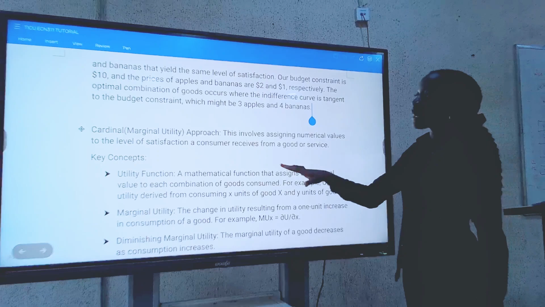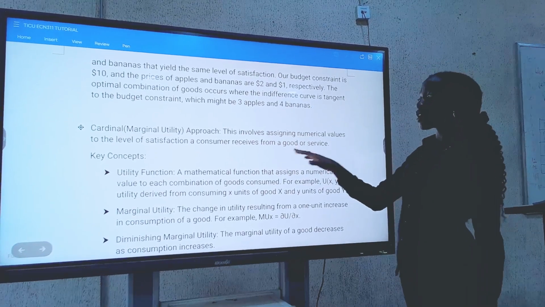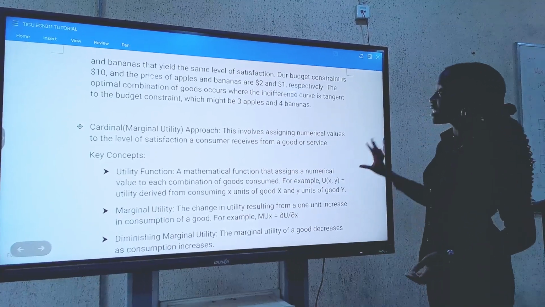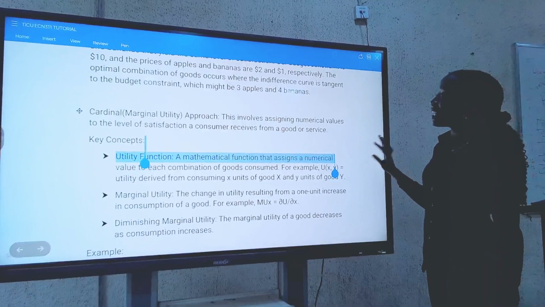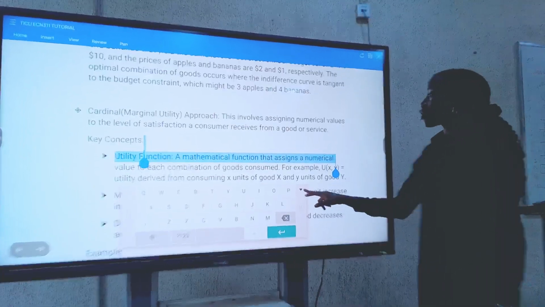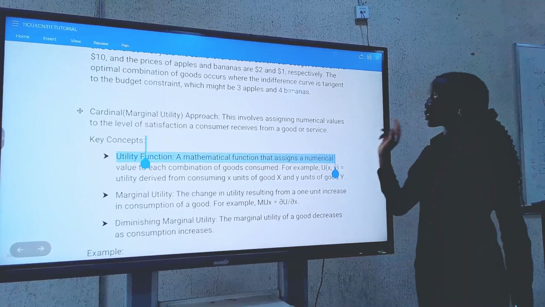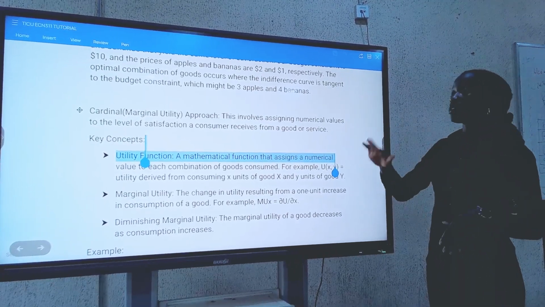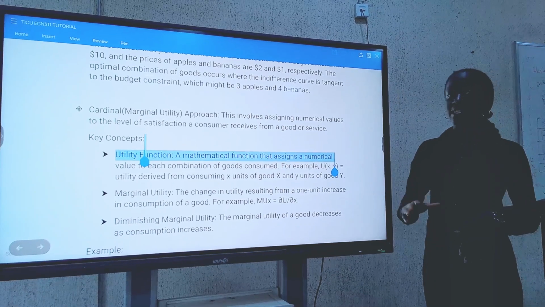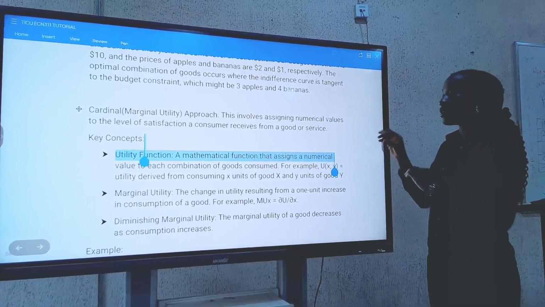Now the second approach is the cardinal approach, also known as the marginal utility approach. This involves assigning numerical values to the level of satisfaction a consumer receives from a good or service. So when I explained the ordinal, I said ordinal basically deals with ranking consumer preferences.